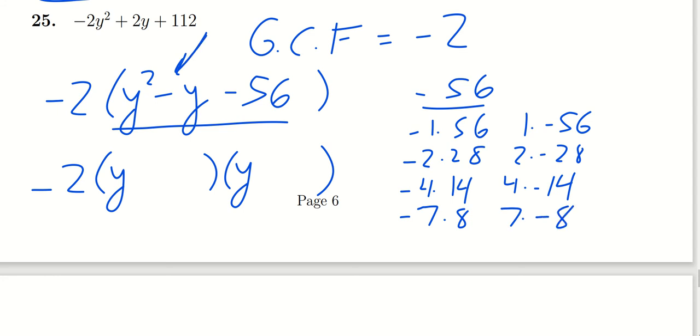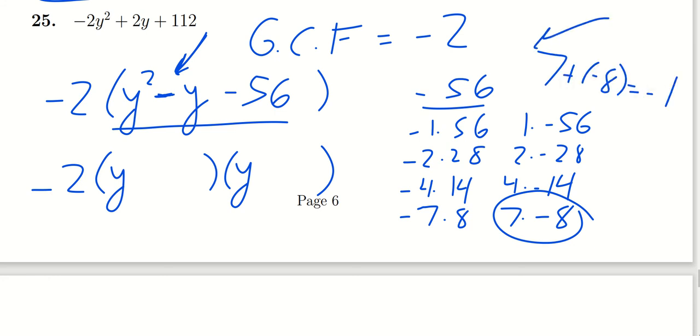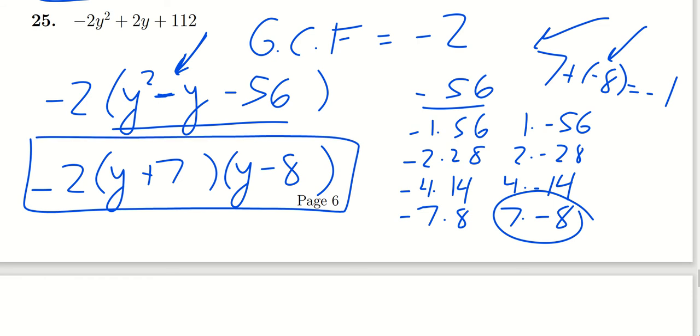And in order to get that minus 1 that we're hoping for, we have to use this combination right here. 7 plus negative 8 will give us negative 1. So the 7 has to go behind the plus sign, and the 8 has to go behind a minus sign. So y plus 7 times y minus 8, and that would be our factorization.